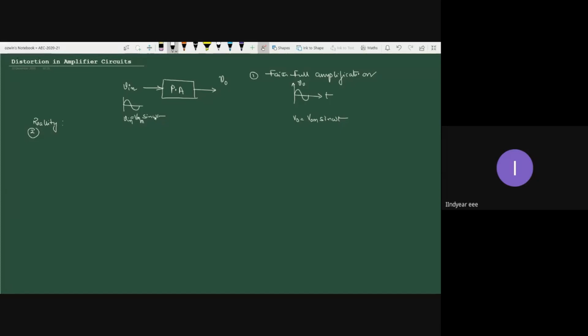So you can observe that in case of faithful amplification, if the source frequency is omega, the output frequency will also be omega. If you look at the wave shape, your input wave is purely sinusoidal and your output is also purely sinusoidal.